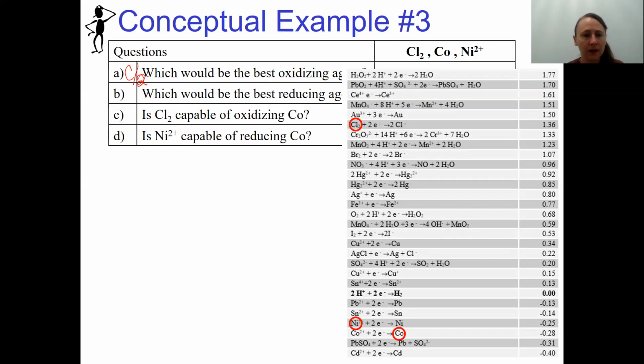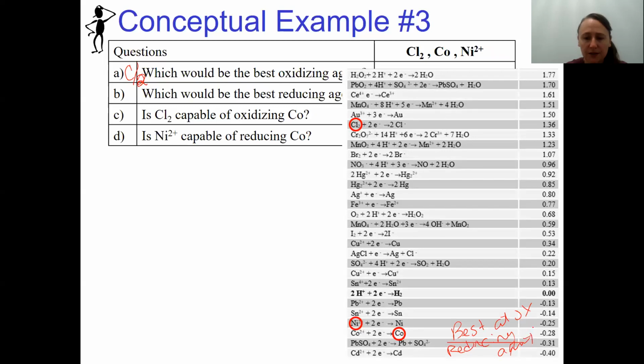Chlorine gas. So the best reducing agent would therefore be down here at the bottom right. So best at getting oxidized, it's the best reducing agent.